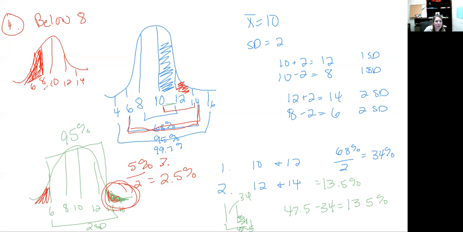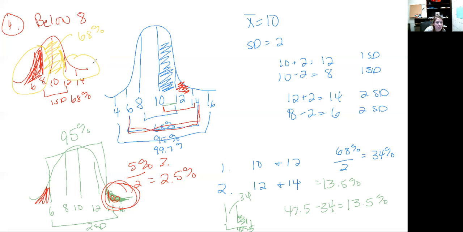Well, if we look at from 8 to 12, that's 1 standard deviation, which is 68%. And that 68% covers from here to here, okay? So this is 68%. So you need to figure out, well, what's left over? What's left over is going to be both of those parts, okay? So if we take 100%, we just subtract 68 from it, we're left with 32%.